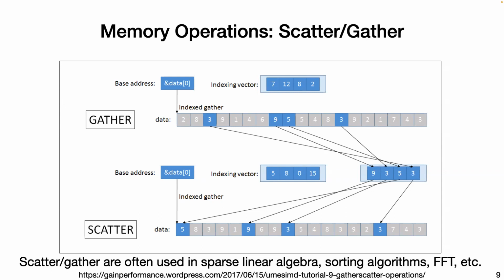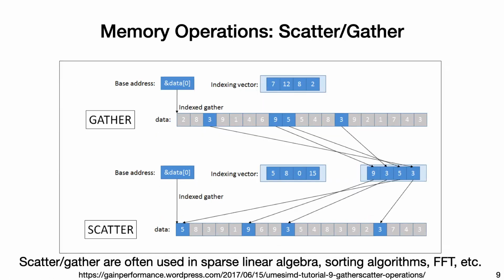So when you do this gather, you give it this indexing vector and the total array, and then those populate this subarray. And then scatter is the other way around. You give an indexing vector going out, and then you put those values in this order into those indices that you specified. And we often use this in sparse linear algebra, sorting algorithms, FFT, and so on.